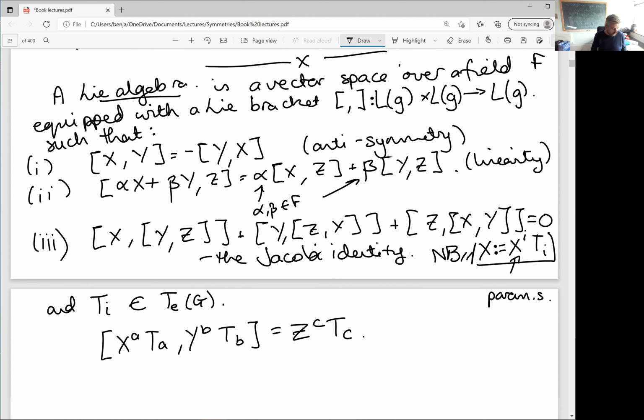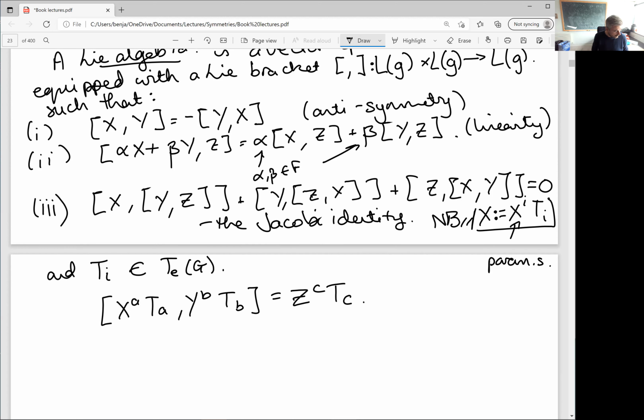So the question we're going to set about answering now, although we won't finish it this lecture, I don't think, is what is this coordinate z as a function of the coordinates x^A and y^B.